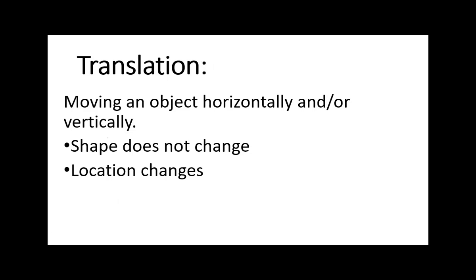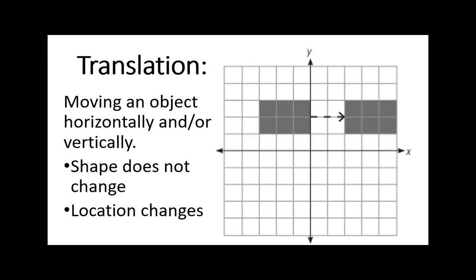To give you an idea what that looks like in a math problem, in this case there was a shape that was translated. It was moved horizontally 2 to the right. It's the exact same shape, the same length, width, and size. It's not rotated. It was just moved.